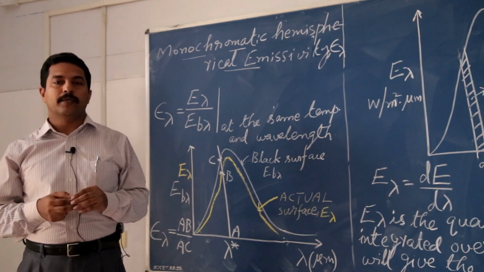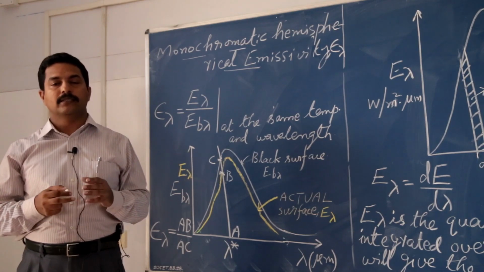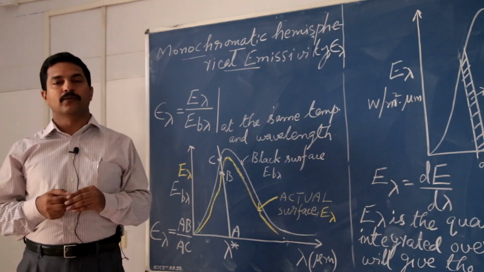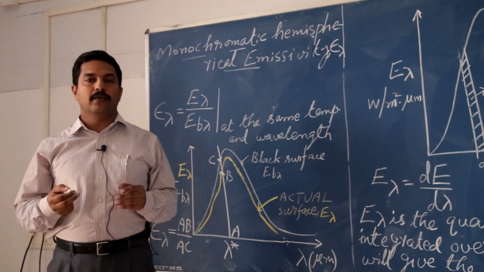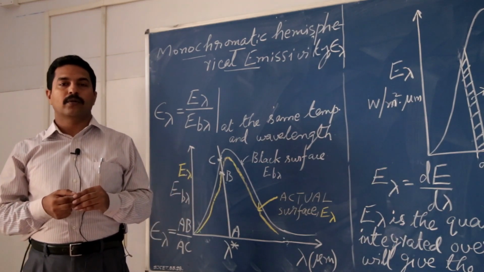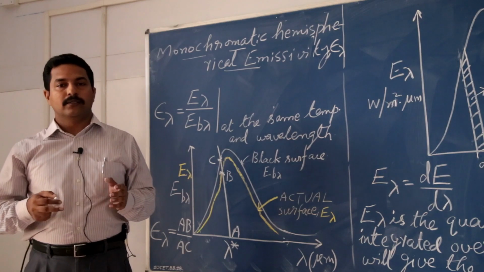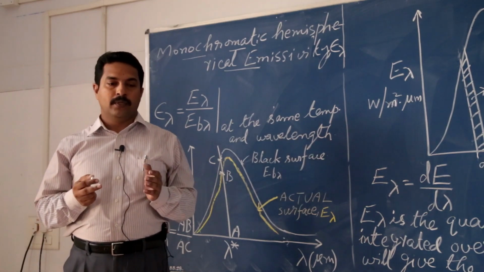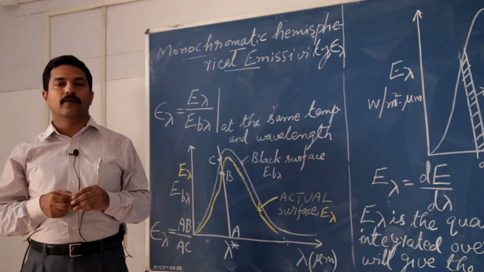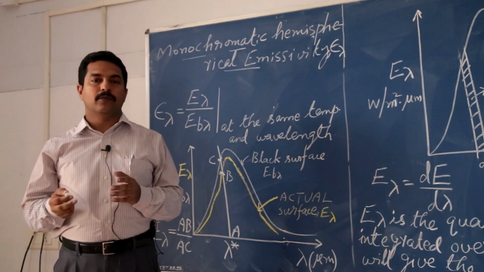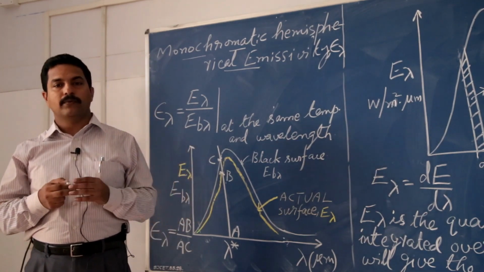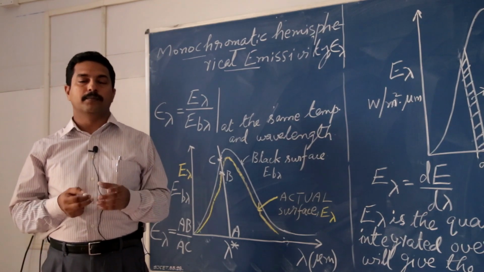Total hemispherical emissive power is commonly referred to simply as emissive power. We do not always say total or hemispherical. Simply saying emissive power means total hemispherical, encompassing all directions as well as all wavelengths from 0 to infinity. Similarly, simply saying emissivity means total hemispherical emissivity.